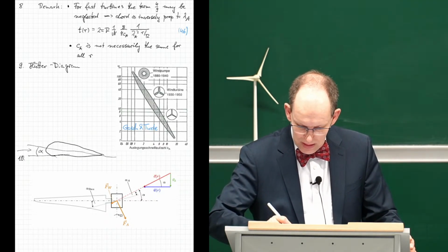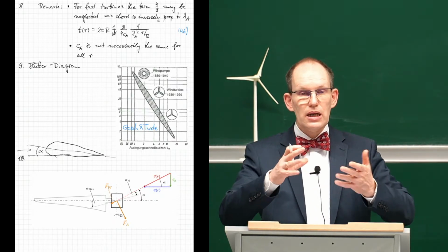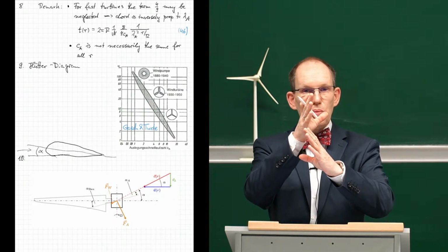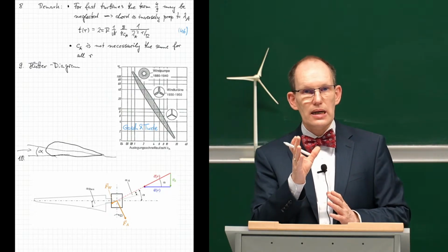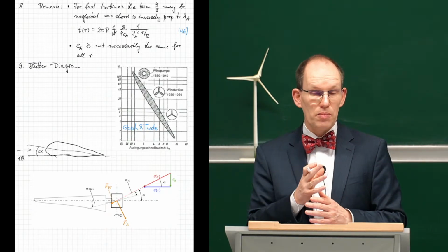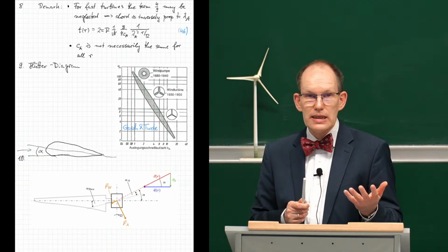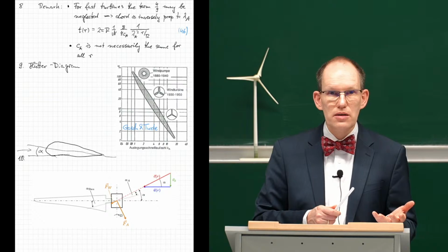And you know that this triangle changes with radius, so this means that we need to twist the rotor blade appropriately. And well, this insight is by no means new.